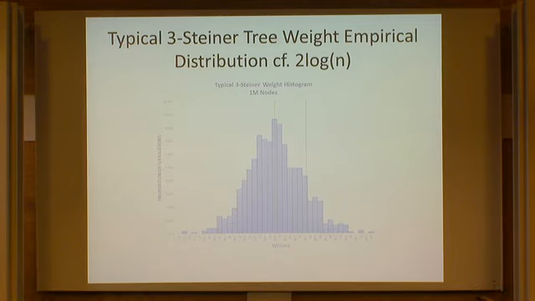And we did the same for our k-Steiner tree, and we found that there's a big gap between the theoretical result of 2 log n over n and the average from our simulations.